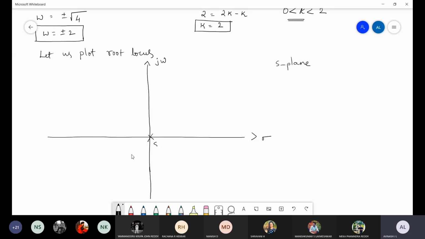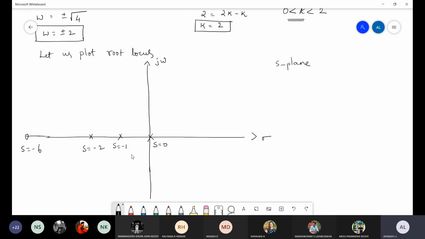So I can mark s equal to 0 here, s equal to -1 here and s equal to -2 here. And after that there is a zero at -6, so just mark -6 as the zero.